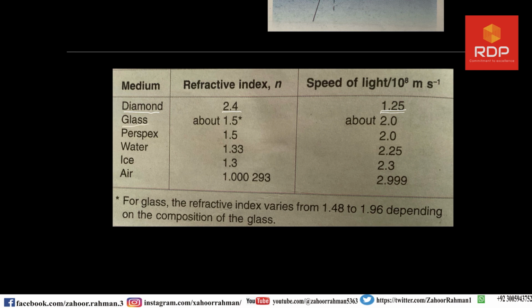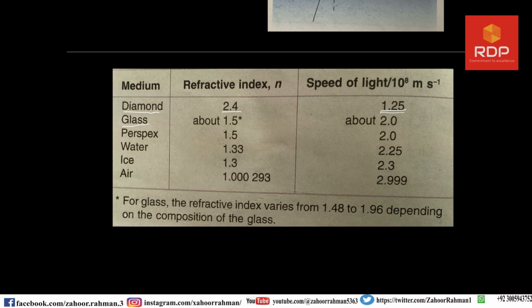Similarly, glass depends on the composition of the glass, but we are saying on average about 1.5. For glass, the refractive index varies from 1.48 to 1.96 depending on the composition of the glass. So we took an average of those values, and that is 1.5.